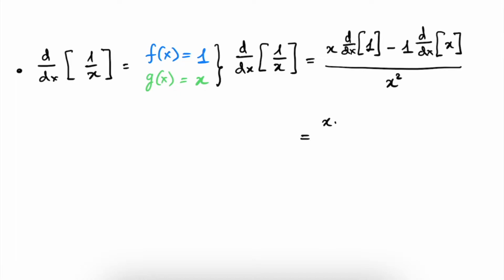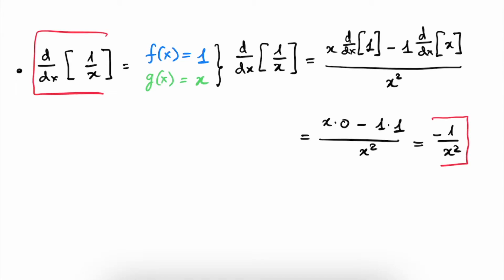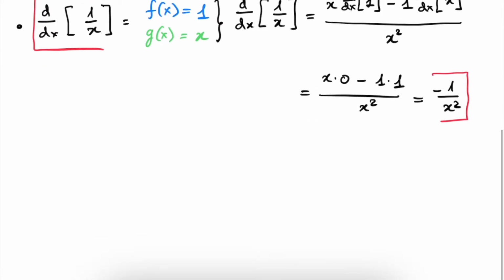So we have x times the derivative of a constant, which is 0, so times 0, minus 1 times the derivative of x, which is equal to 1, divided by x squared. This is of course equal to minus 1 divided by x squared. And this is our result already. And of course, we know that this is correct because, as you said already, you know what the derivative of 1 over x is. But this is just a basic introductory exercise.